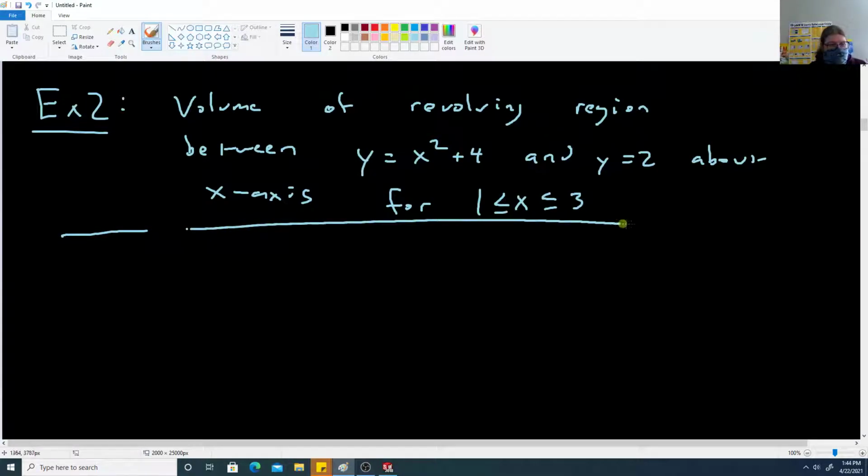So we'll take a look at that. We're basically only looking at x's from 1 up to 3.